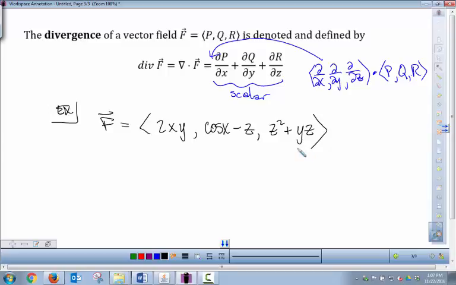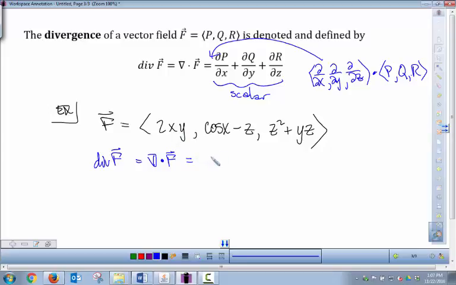So if we were to do the div of this vector field, you can write it a couple of different ways. You can write it with the actual word div f, or you can write it with the nabla notation. And this is equal to, well, just take the derivative of each of these components with respect to whatever slot it's in. So derivative of 2xy with respect to x.